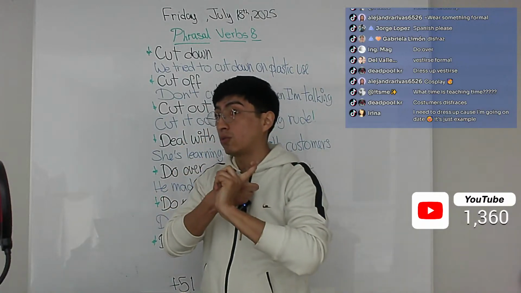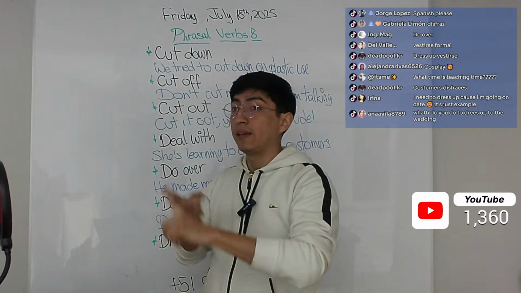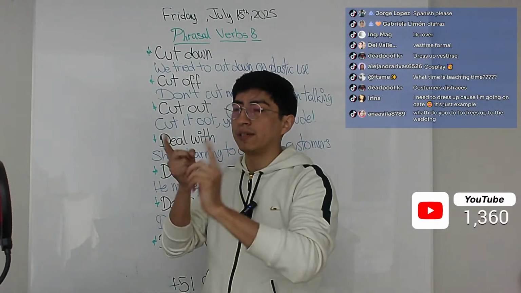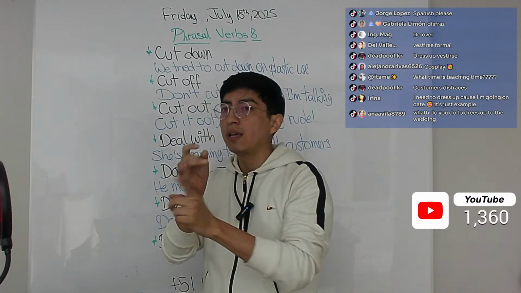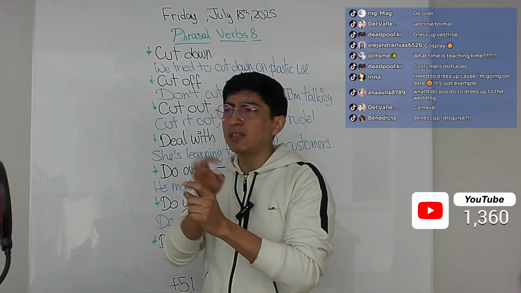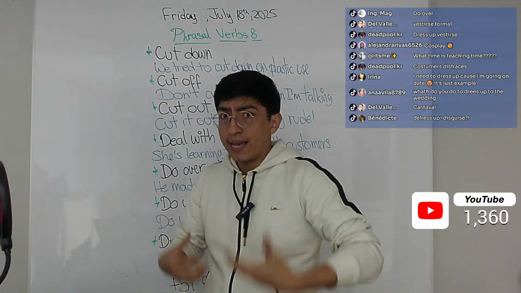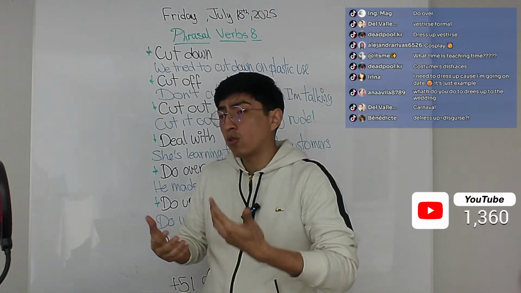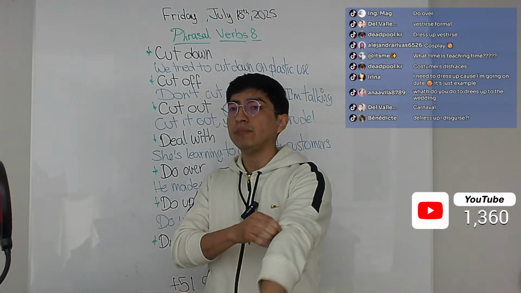Number one, to dress up for a special event. It could be a wedding, an anniversary, a graduation, a concert. It doesn't matter, but you need to wear clothes according to that occasion.